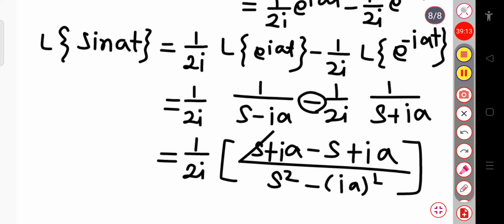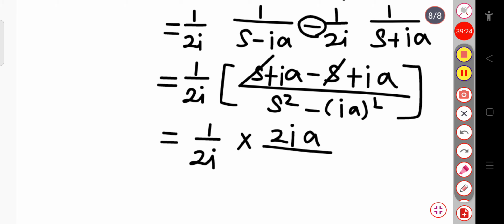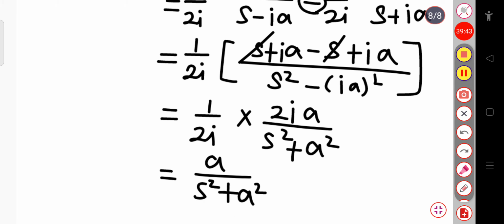Iota a plus iota a is twice iota a, so 1 by 2i into 2ia divided by s square minus, this i square is minus 1, so s square plus a square. The 2i gets cancelled. This is equal to a divided by s square plus a square, and this is the Laplace transform of sin at.